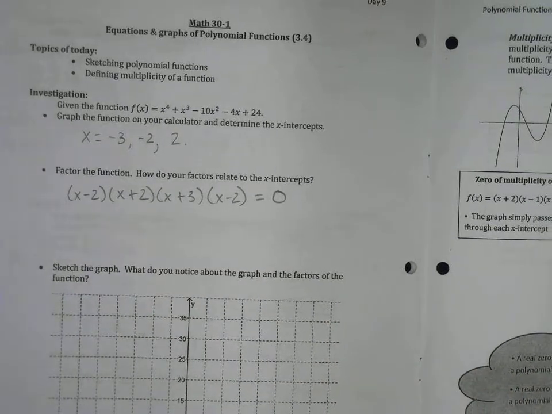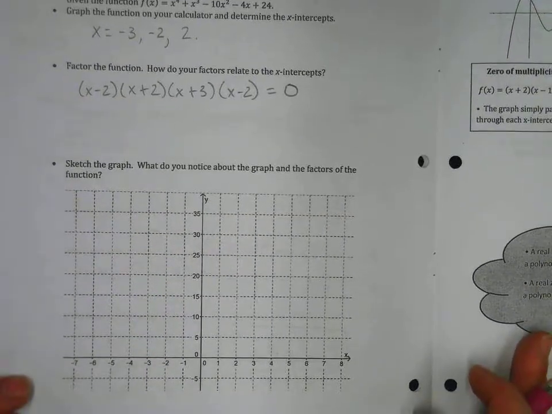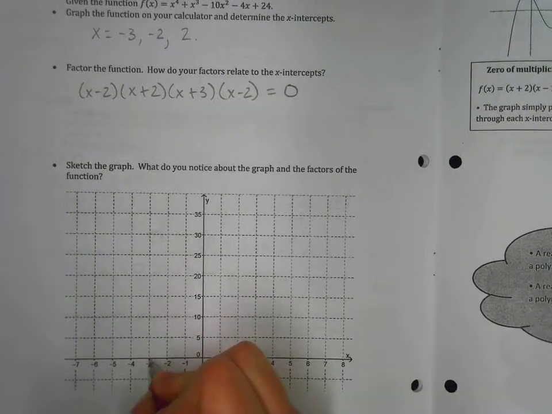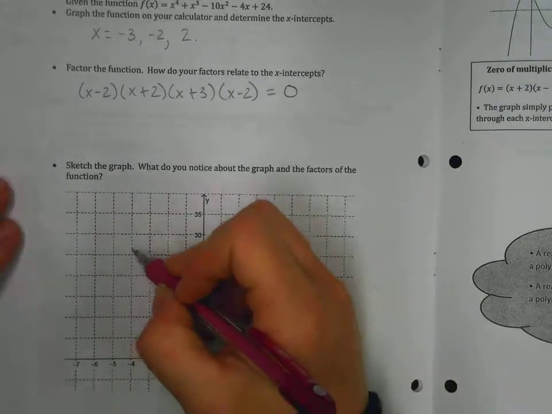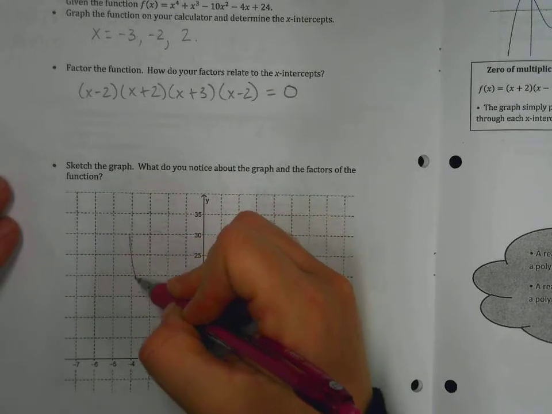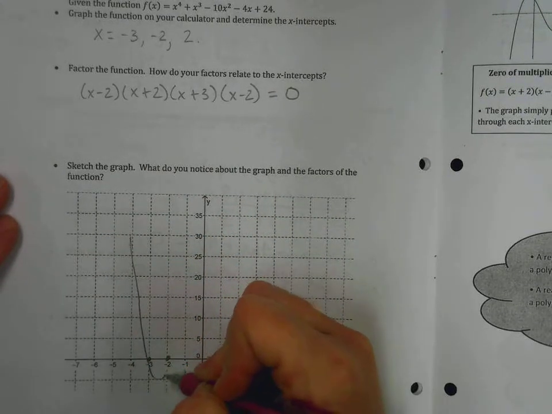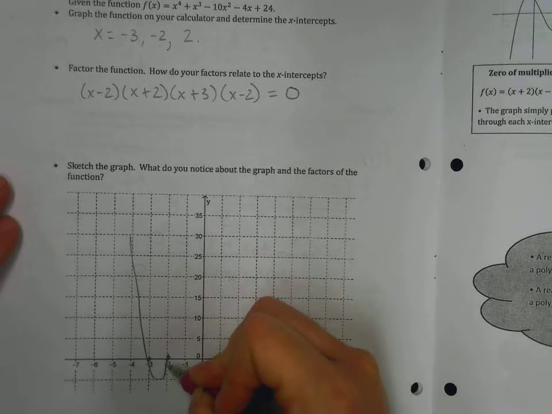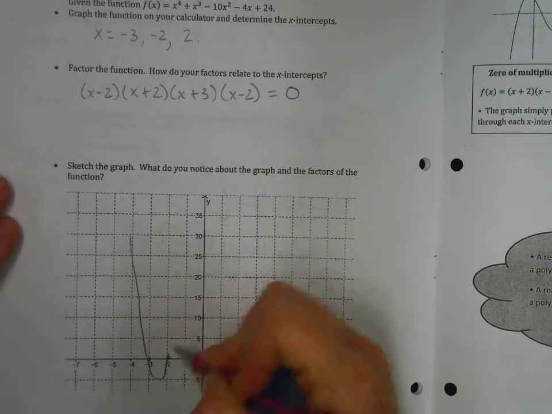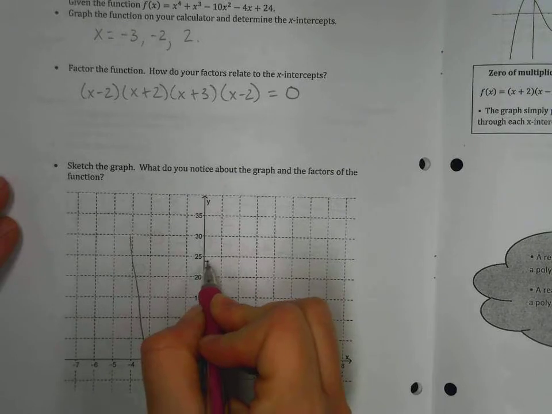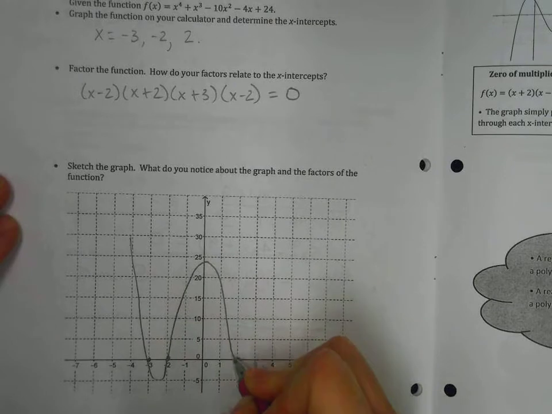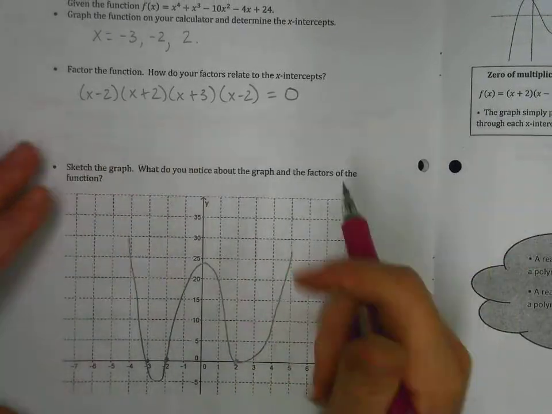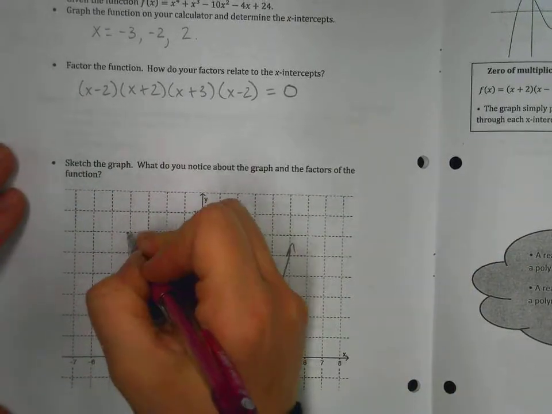So if we are to look at the sketch of our graph from our calculators, we know this has x-intercepts at -3, -2, and 2, and taking from our calculators, the sketch of this graph is going to look something like this. So when we're sketching polynomial functions, it has a y-intercept at 24, and then this is going to look something like this.